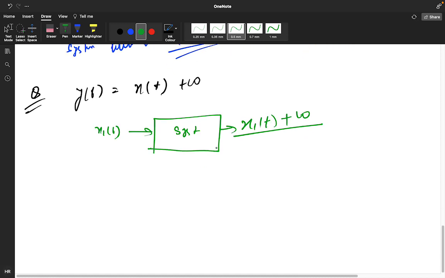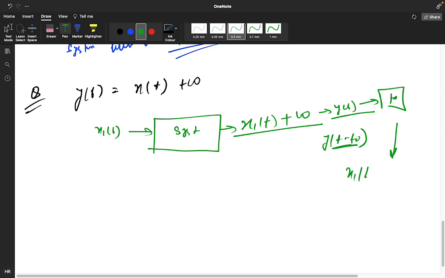Now if I delay this y of t with t naught, I will get y of t minus t naught. What is the meaning? If you delay this function, you will get x1 of t minus t naught plus 10.